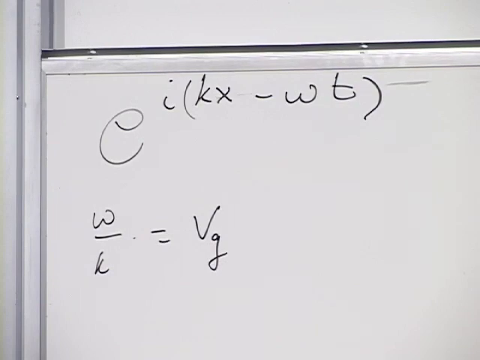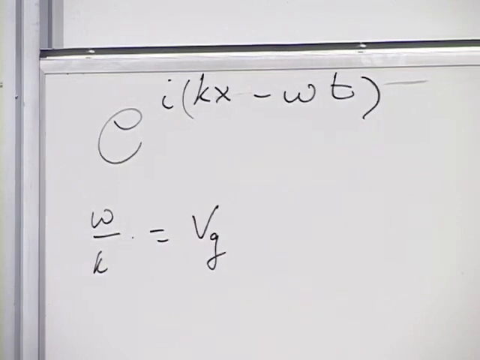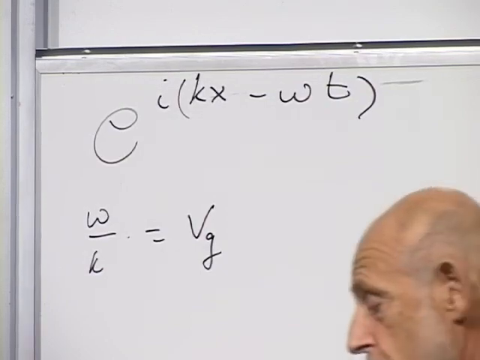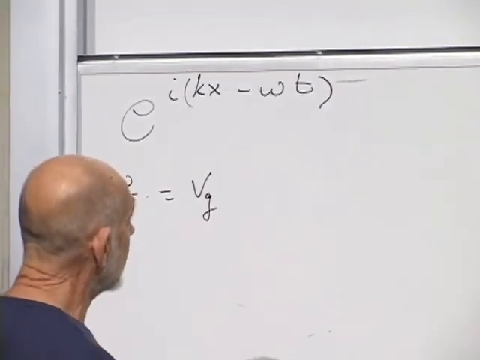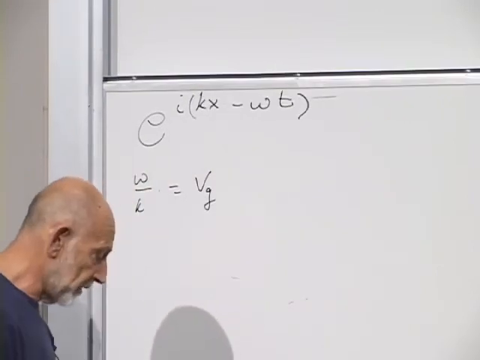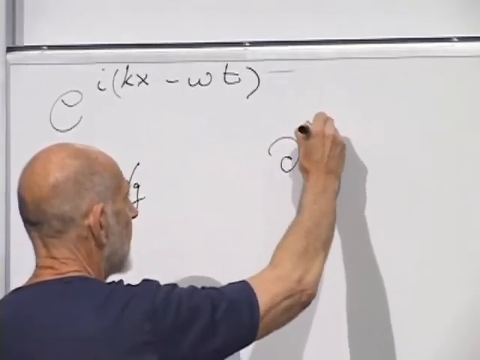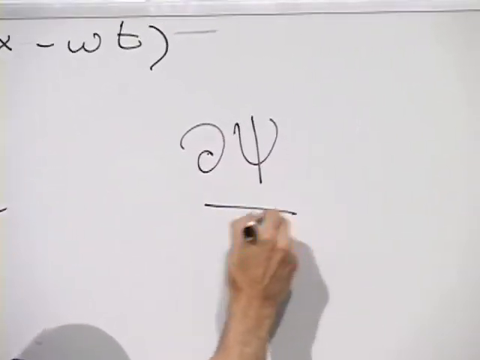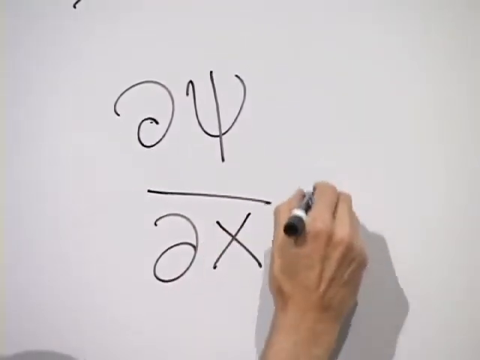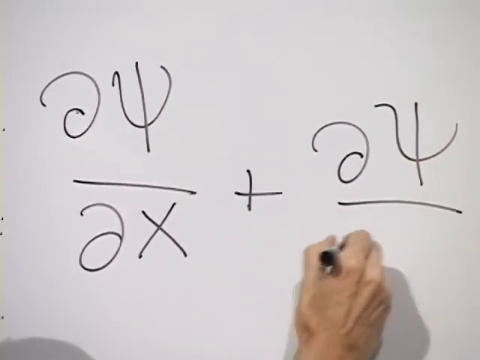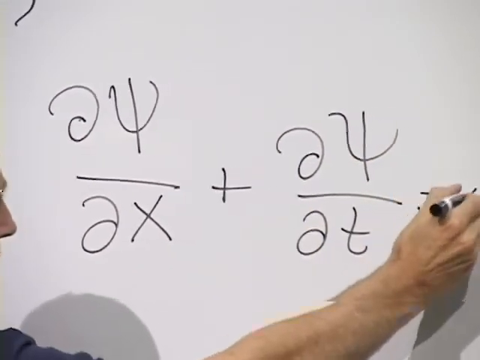Okay. Now let's write down a very, very simple equation for the motion of a particle on a line. The line is x. Again, we have time. And it is d psi by dx plus d psi by dt equals 0.